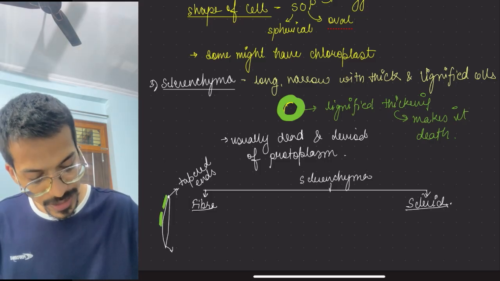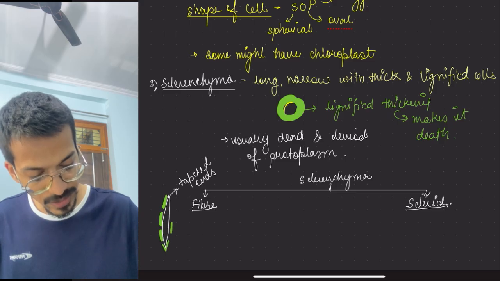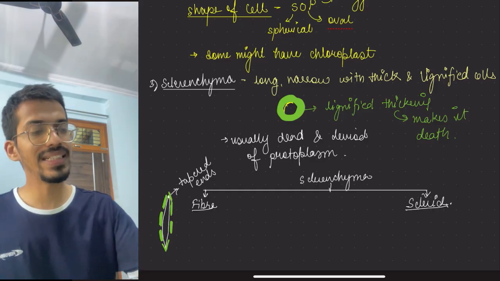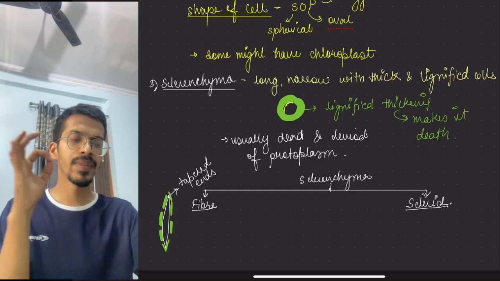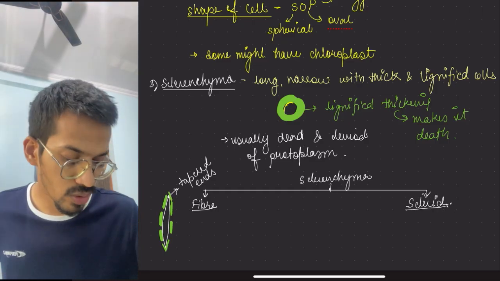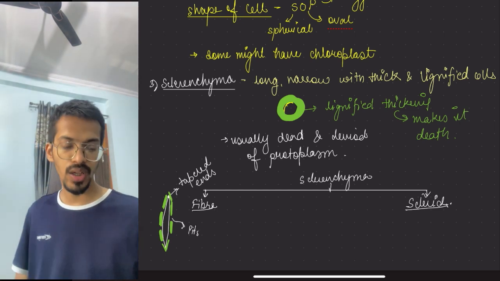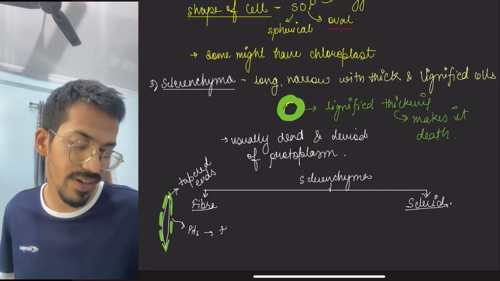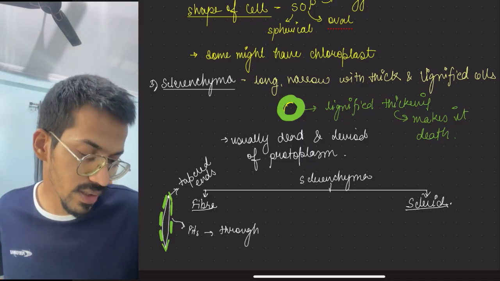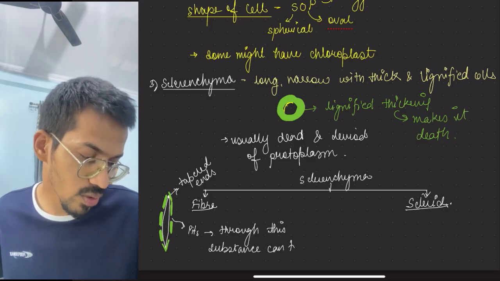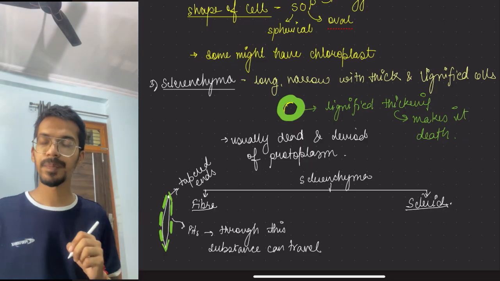But along with lignification, there will be certain pits or spaces present. So they are not completely lignified. These spaces will allow certain molecules to move through. These are known as pits. Pits means pores. Through this, substances can travel. So fibers are like this.